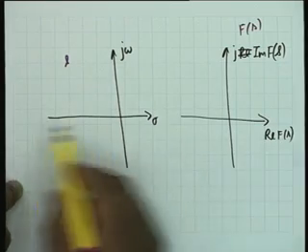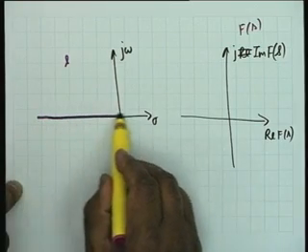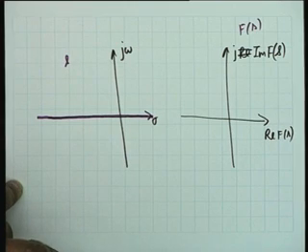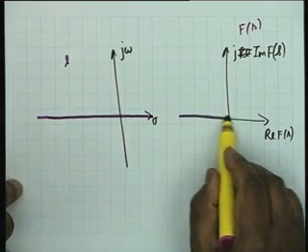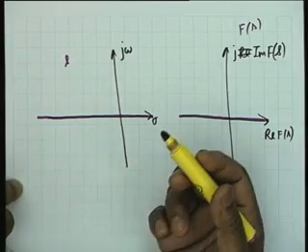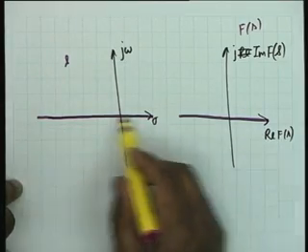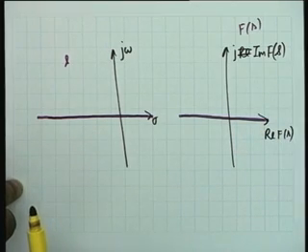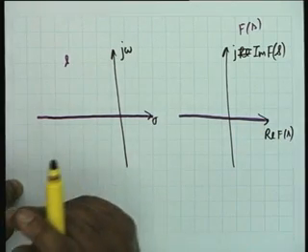When s is real, that is, when s is on the real axis, the pink line, f of s should also be real. Therefore, f of s must lie on this line. This is the mapping. That is, the S plane line maps into this line in the f of s plane. That is the first part of the definition.